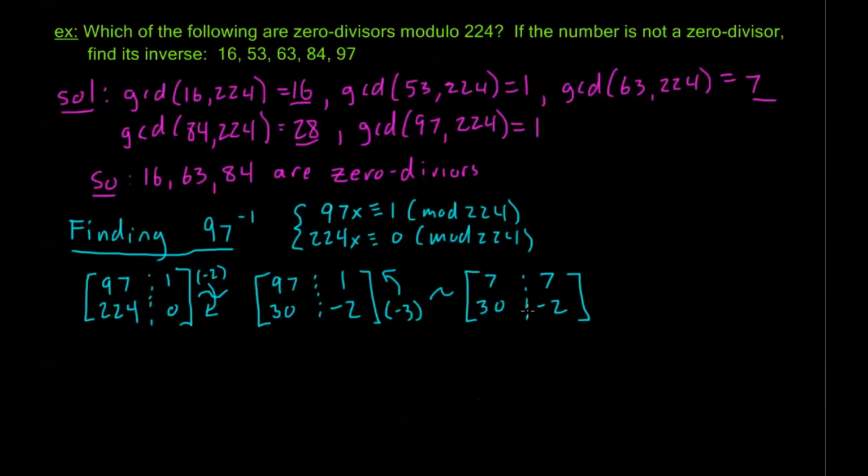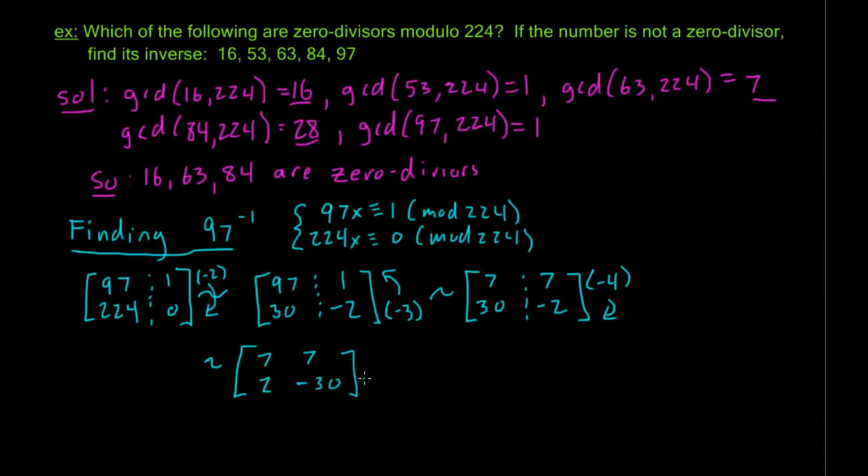There are ways to do that, but I don't want to go into depth in that way. Better to just keep this process very clear-cut and similar to our Euclidean algorithm. So I'm going to multiply this top row by -4, add it to this bottom row. I'm still going to have 7, 7. Down here now I'm going to have 2, right? -4 times 7 is -28, so that gives me 2. And -4 times 7 is -28 minus 2 gives me a -30.